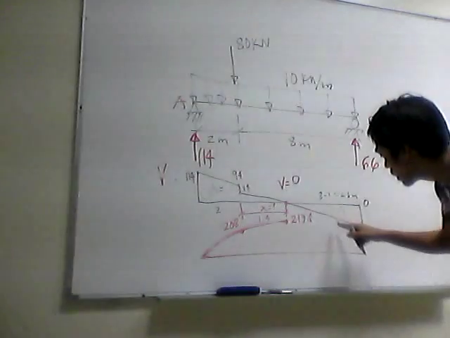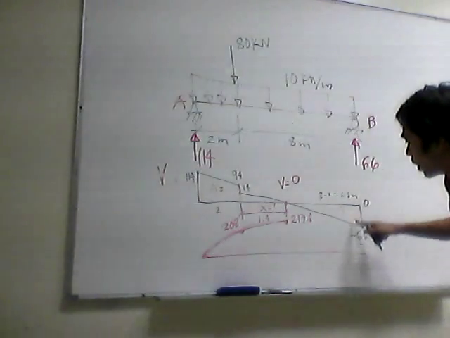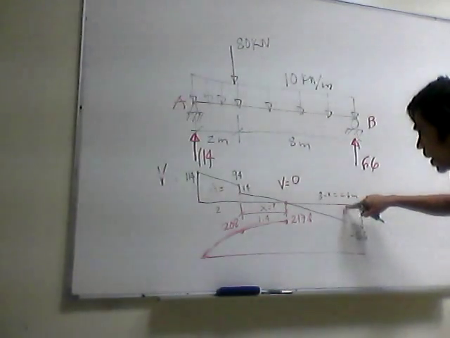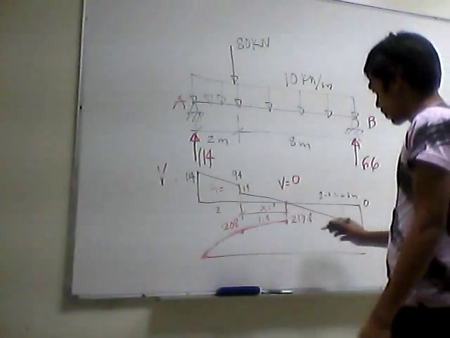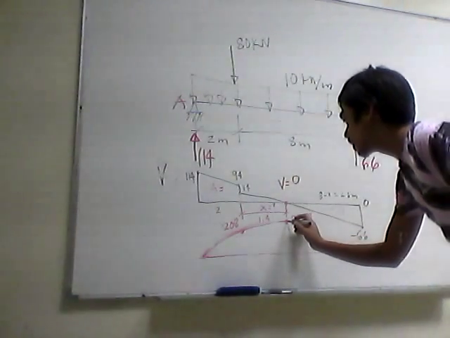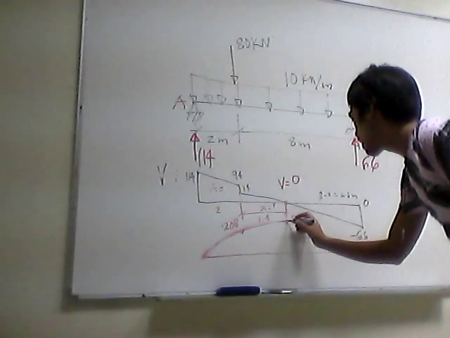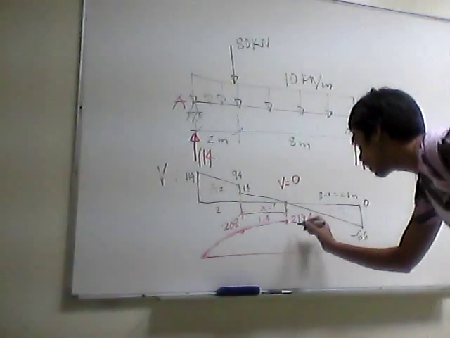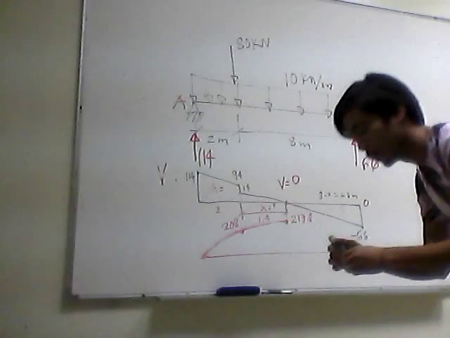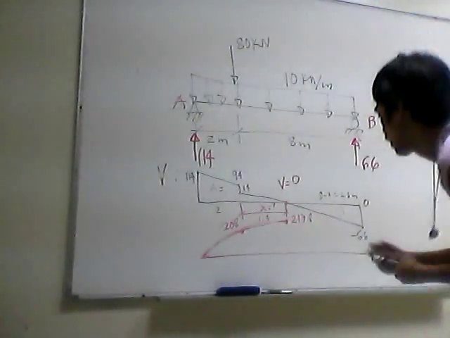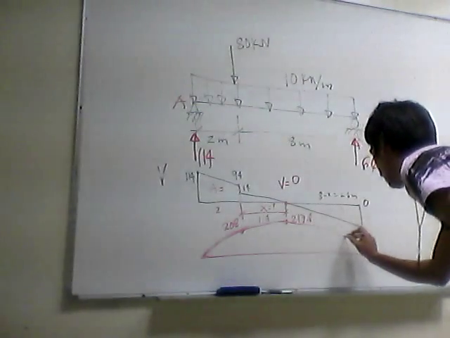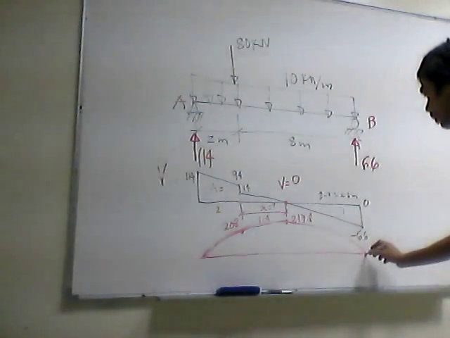So this area, 66 multiplied by 6.6 divided by 2, that is negative 217.8. So 217.8 less 217.8 will give you 0 moment at the end here.